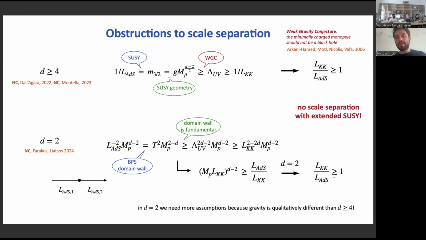And you end up again with the same inequality that you see here. It is a completely different reasoning, but the result is the same. So these are reasons why we believe it's hard to construct scale-separated vacua in 2 dimensions. At least, if this kind of vacua are interpolated by BPS domain walls and they exist, they should not be scale-separated.